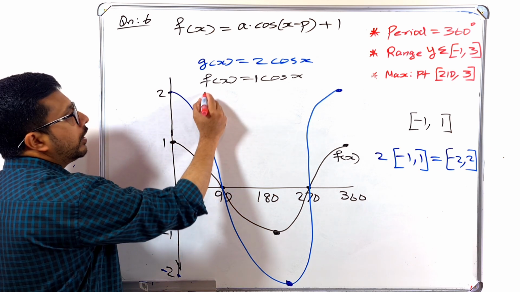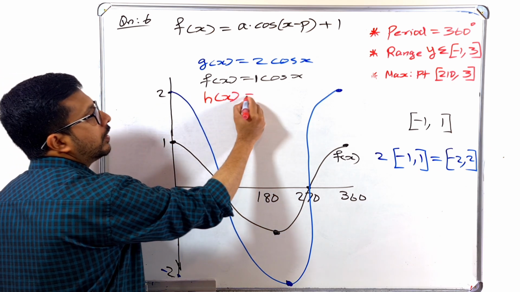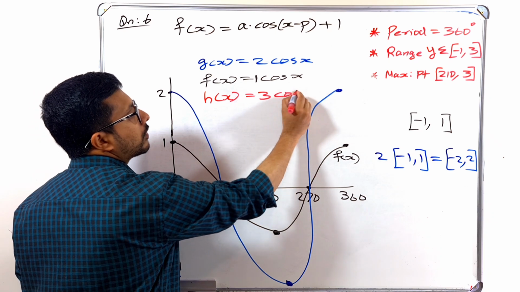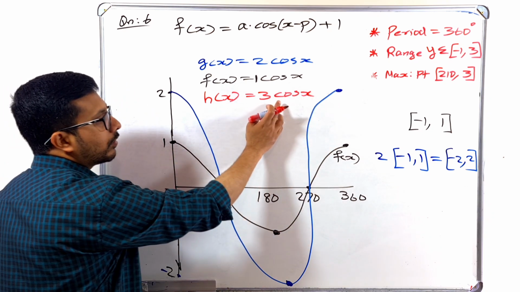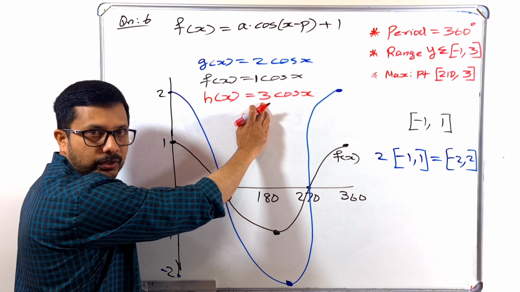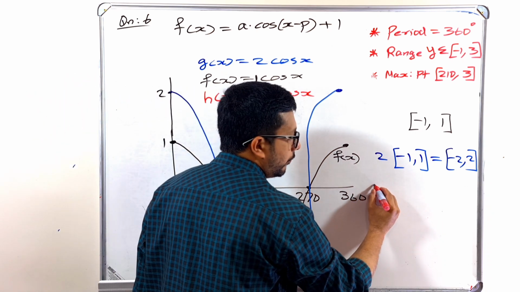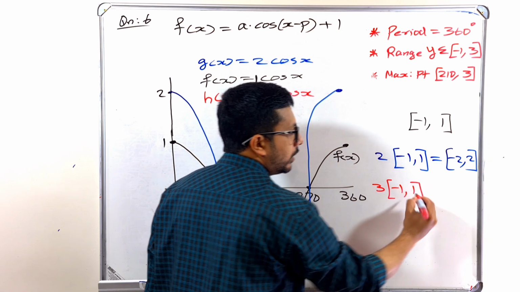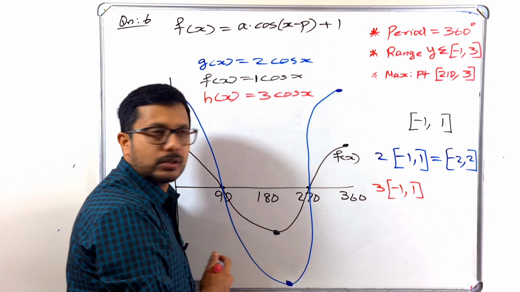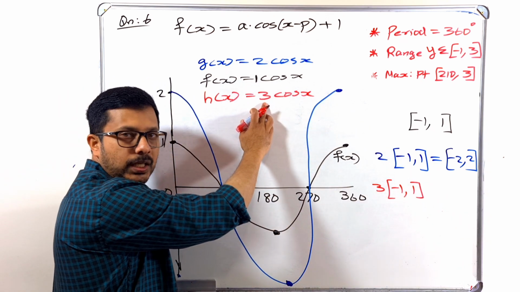If you understand that one, we can clearly answer this one. Let's say another graph h of x is equal to 3 cos x. What is the range of that one? What is the a value here? 3.